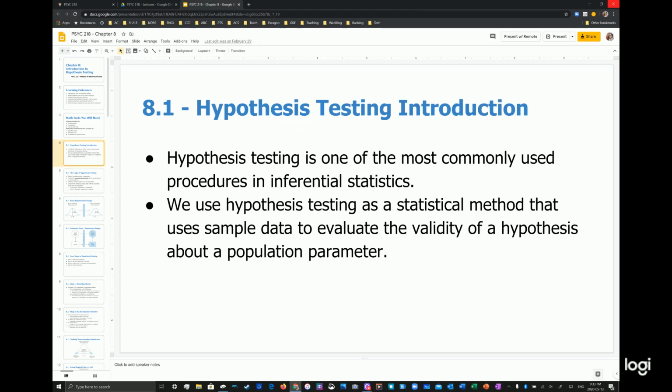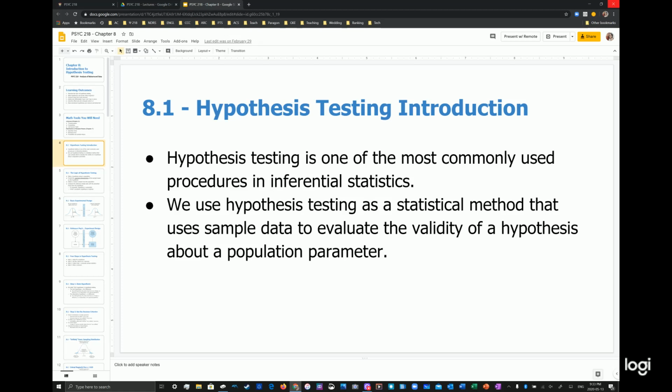So let's begin. Hypothesis testing is the most commonly used procedure in inferential statistics. That is, how are we going to answer research questions using behavioral data, using surveys or experiments or some type of study, so that we can say, yes, there is a difference, or there is a correlation, there is some kind of relationship.